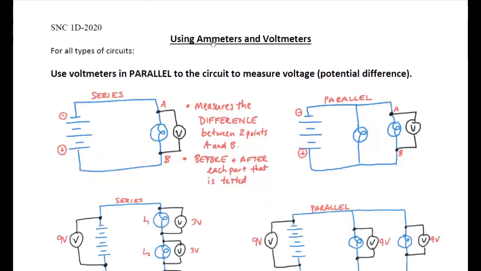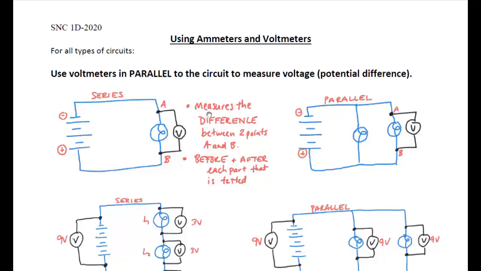And I introduced the idea of ammeters and voltmeters, but now I want to show you in detail how to add them to a circuit. Doesn't matter what type of circuit you have, whether it's a series circuit, a parallel circuit, or a combination circuit, whenever you're using a voltmeter, add it in parallel. That means it's going to have its own pathway, and you're going to test on either side of whatever you want to test.